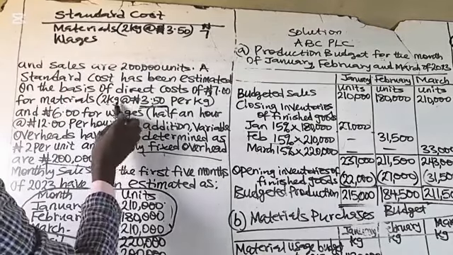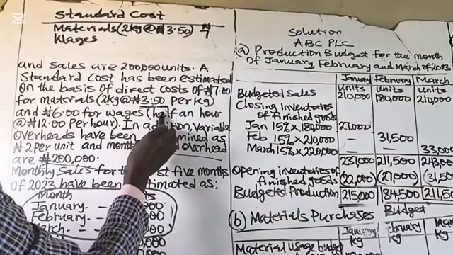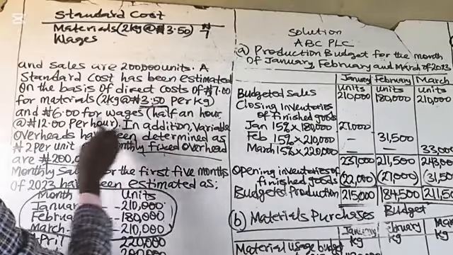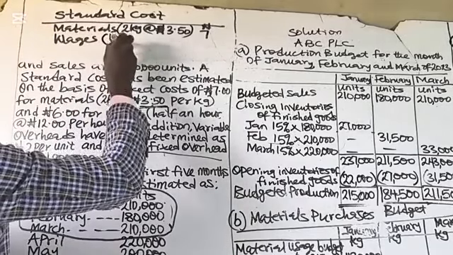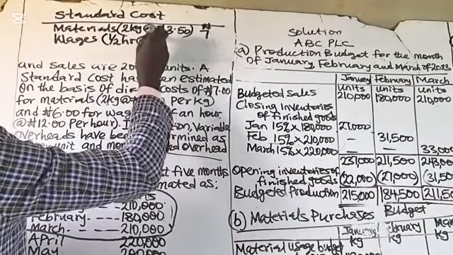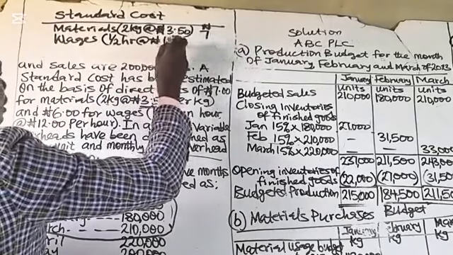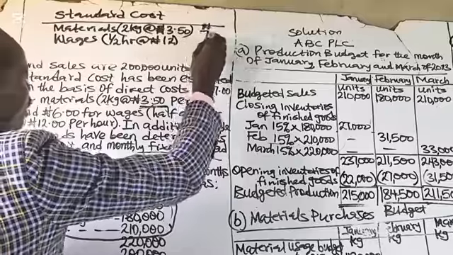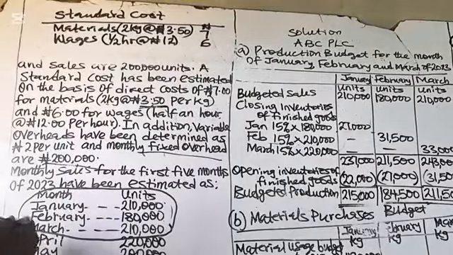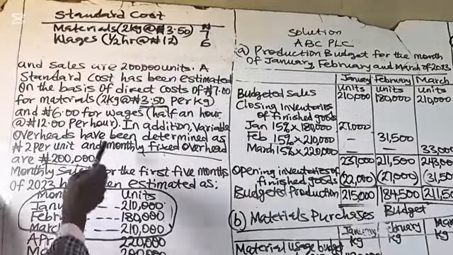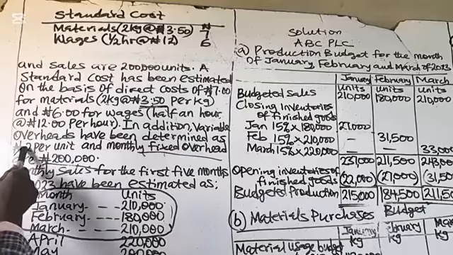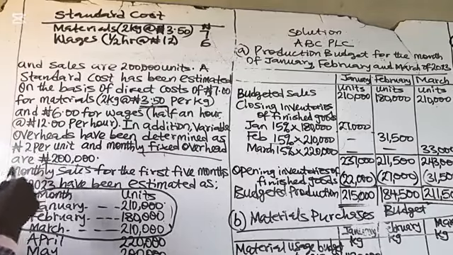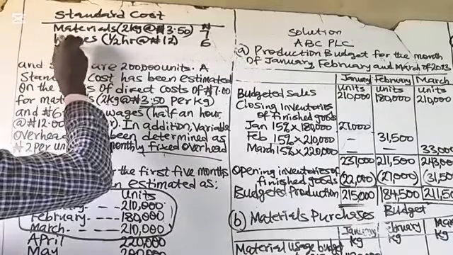The 6 naira was obtained by multiplying half an hour by 12 naira. Half hour at 12 naira per hour. That gives you 6 naira. In addition, variable overheads have been determined as 2 naira per unit.